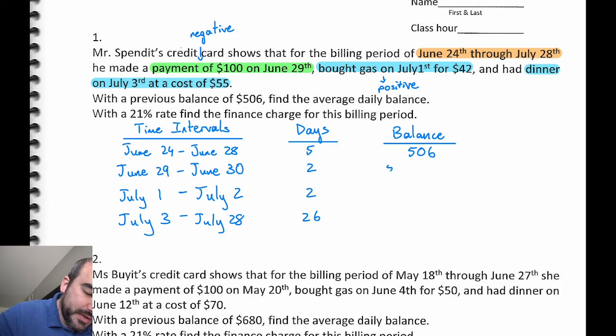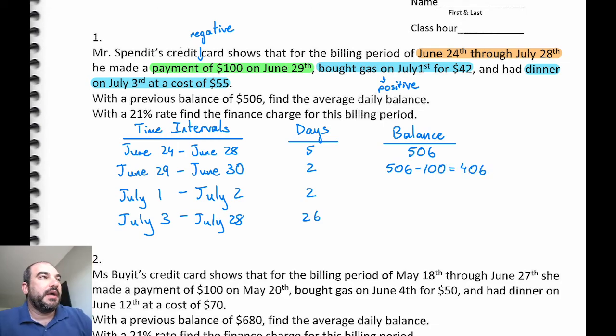So in the second window here, we'll say 506 minus 100 equals 406, just to show that we did apply that payment to the balance, and now there's only $406 owed for these couple of days, right? So for the first 5 days of the month, there was $506 that he owed. After that, he made a payment. So the next couple of days, he only owes $406.